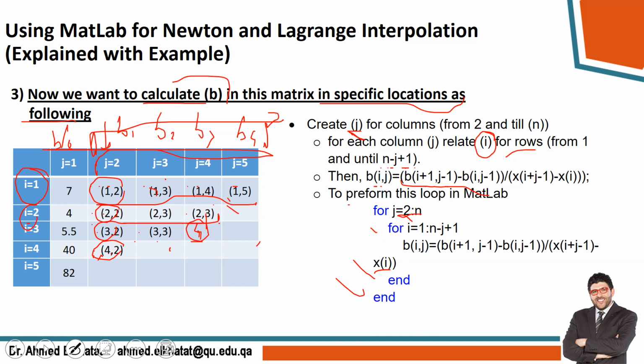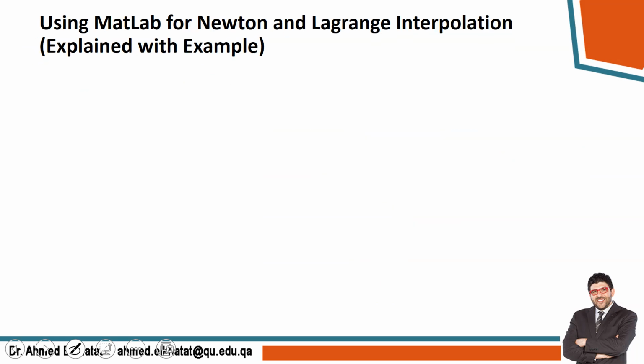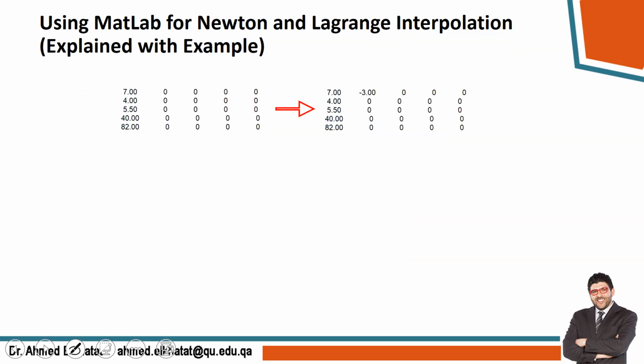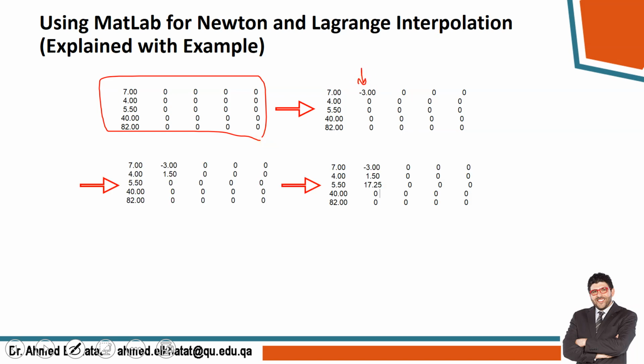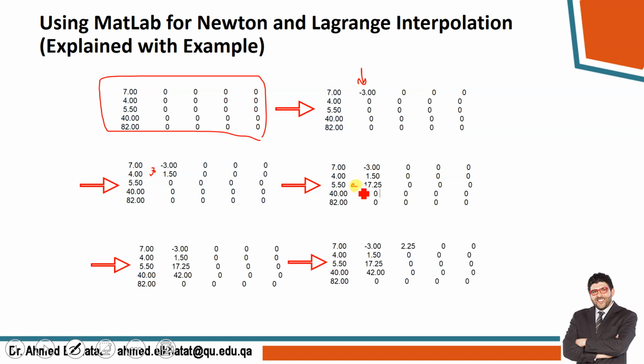So what will happen if we do this? Let's go into detail. Now we have the first matrix. Then when we start with the first column, we create this one, then the second one, then the third one, then the fourth one.